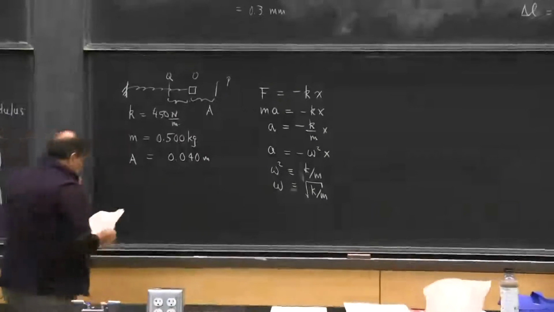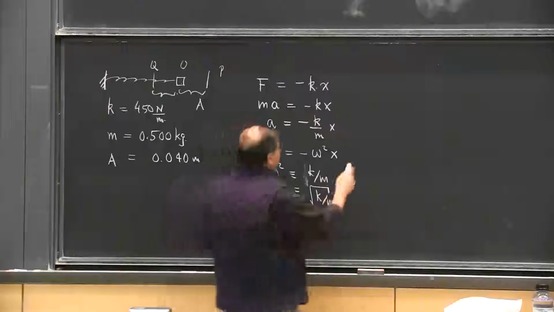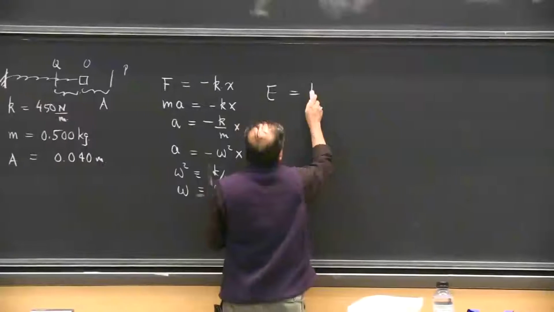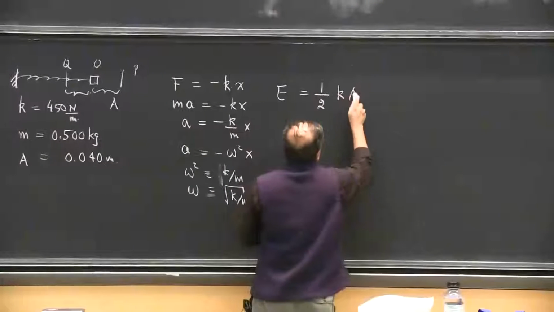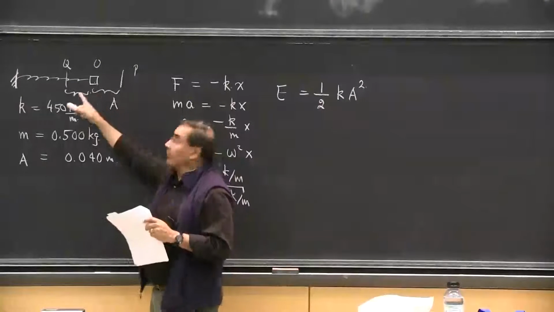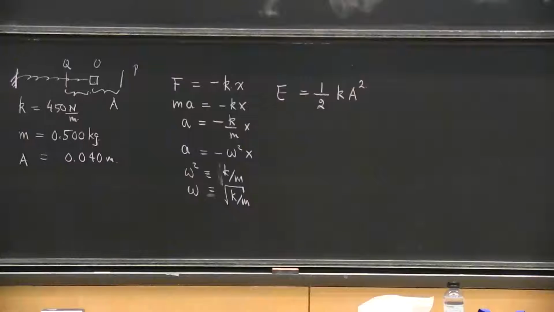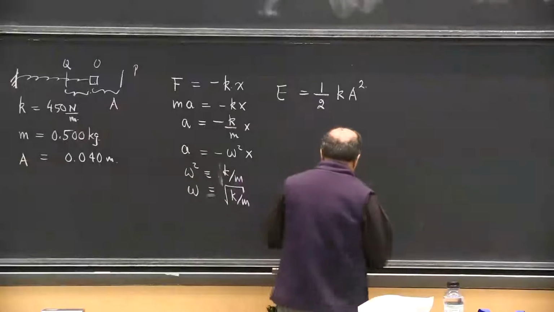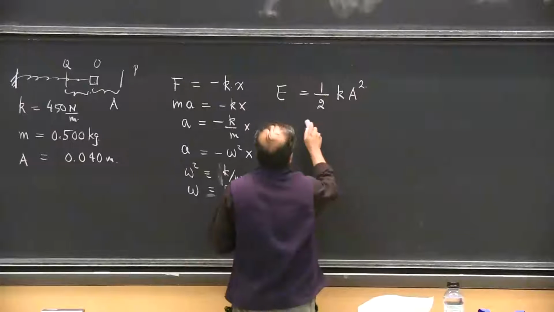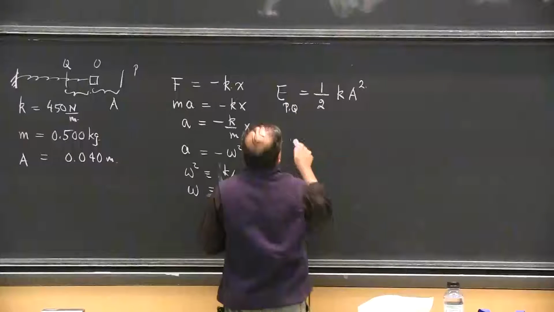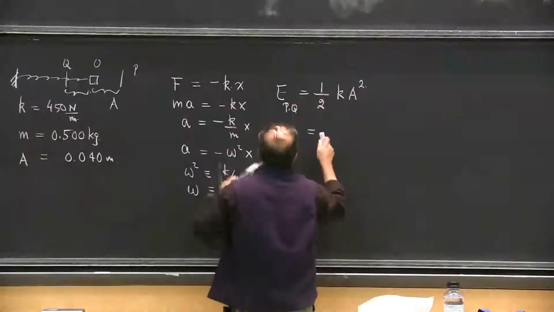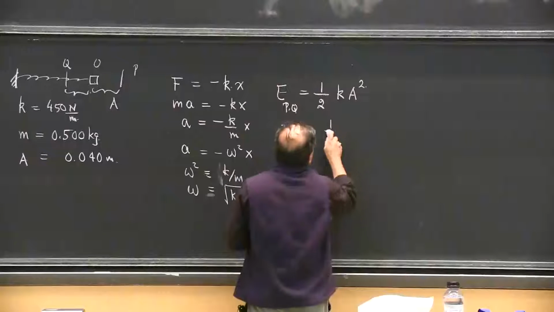Now that you know all of this very well, the other thing that should come out of your brain spontaneously is that the total energy is 1/2 kA squared, because that would be the energy at point P or at point Q. That's when you suffer the maximum stretch, and at maximum stretch, all the energy is potential energy. Likewise, I should also be able to write the energy at point O. At point O, under the conditions of releasing at P, let's say, all the energy would be kinetic.